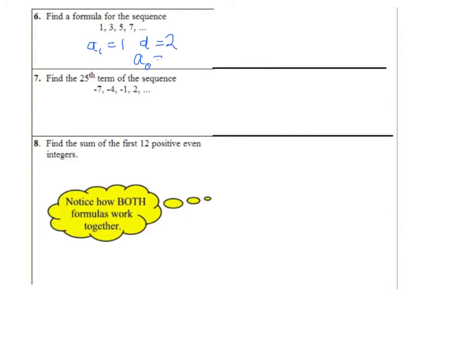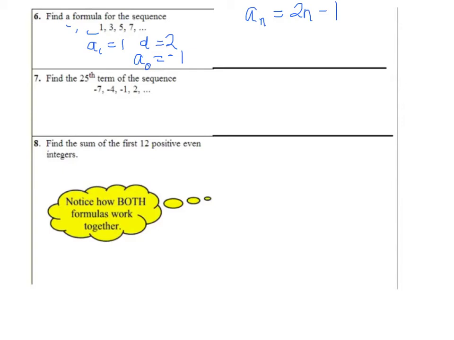A sub 0 would be the term before this, which would be 1 minus 2, which is negative 1. So a sub 0 is negative 1. So to find the nth term, I would say a sub n equals, the slope is the same as the common difference, 2n, minus 1. And that's one way to do it.